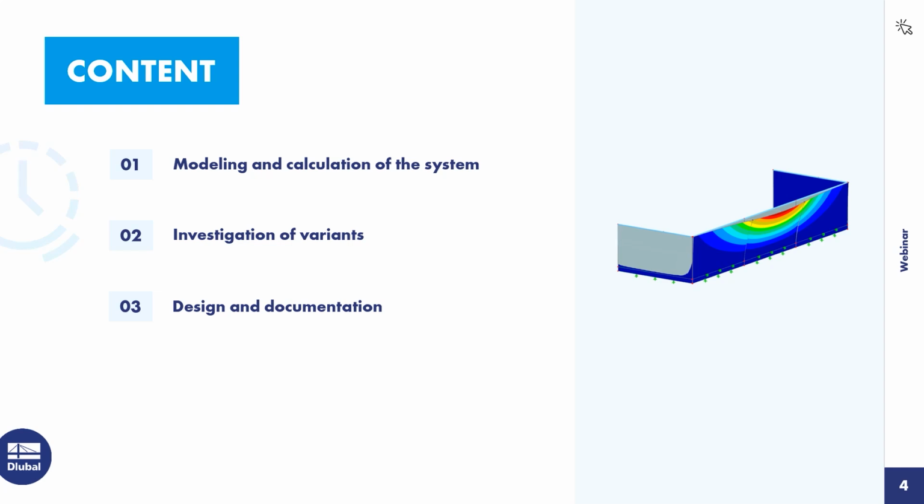We want to take a look at some variants, maybe the failure of one surface or the failure of one layer of a surface. And the last thing, we want to take a look at the design and documentation in RFEM.